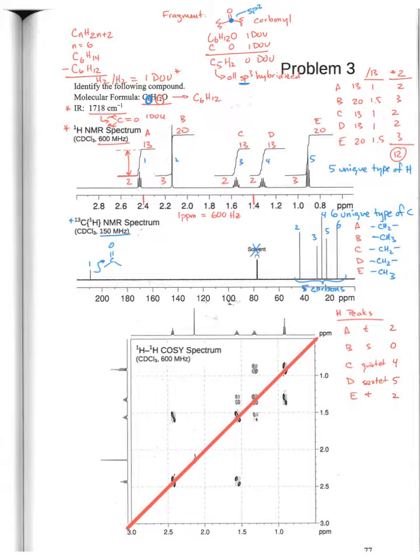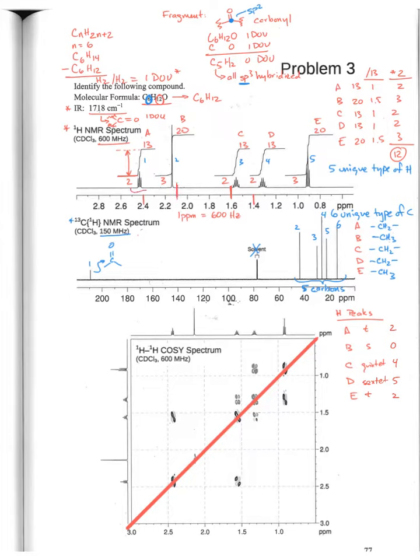So if we look at how we can start putting these fragments together, let's consider the clustering of peaks in the proton NMR, where we have this gap between, say, 1.6 and 2.1.